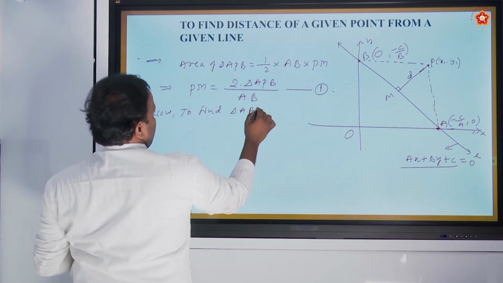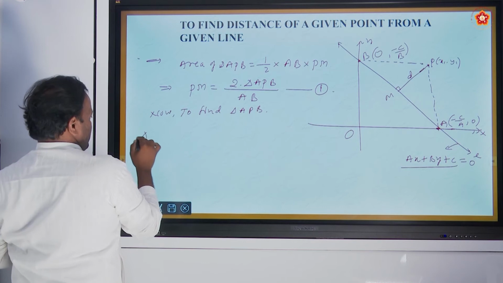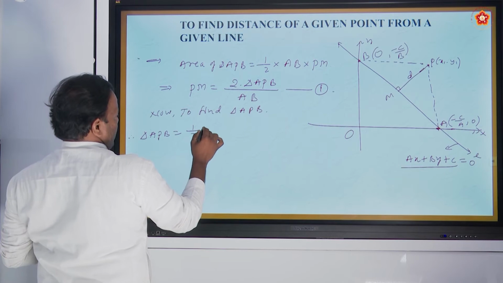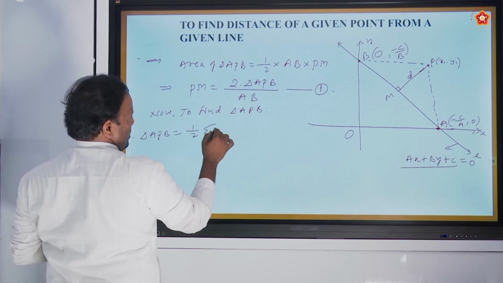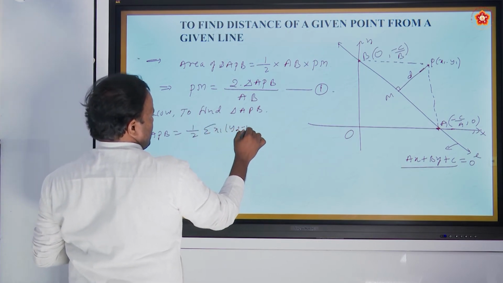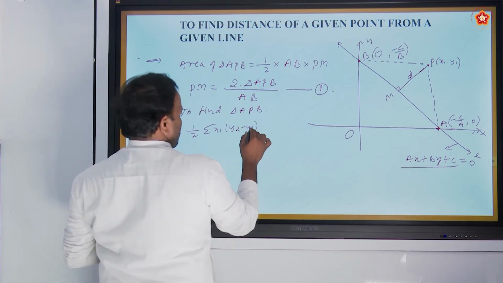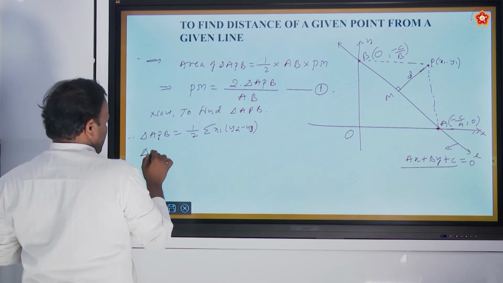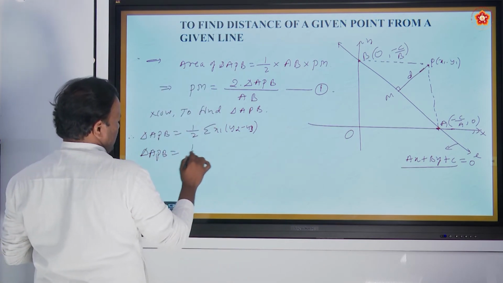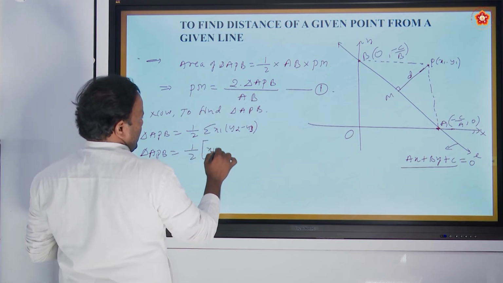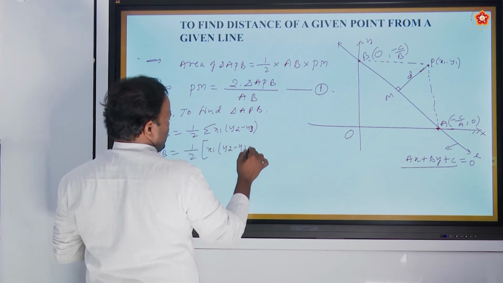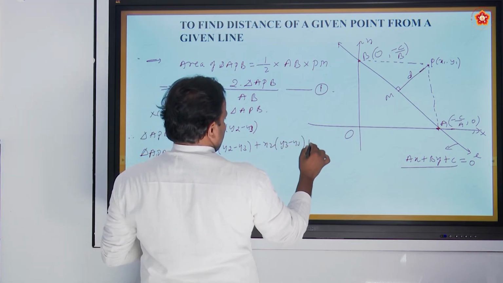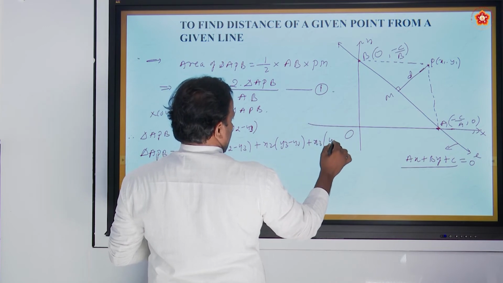So the area of triangle APB is equal to 1 by 2. Either use the determinants form or the formula x1 into y2 minus y3 plus x2 into y3 minus y1 plus x3 into y1 minus y2.